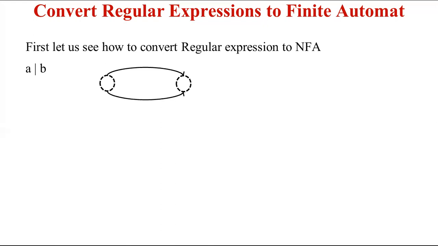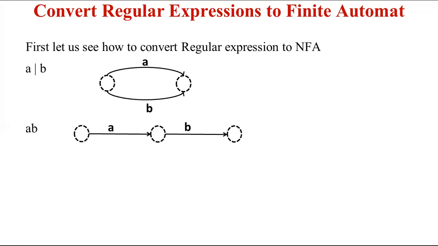One transition is A and the other transition is B. And if we have a regular expression AB, then it will have three states with two edges between them. First transition is A and the second transition is B, which follows the first transition.